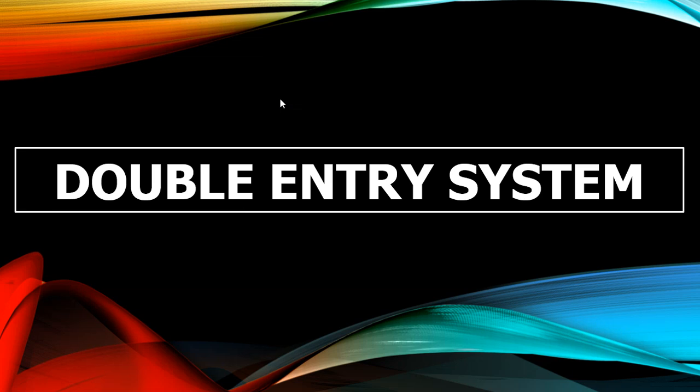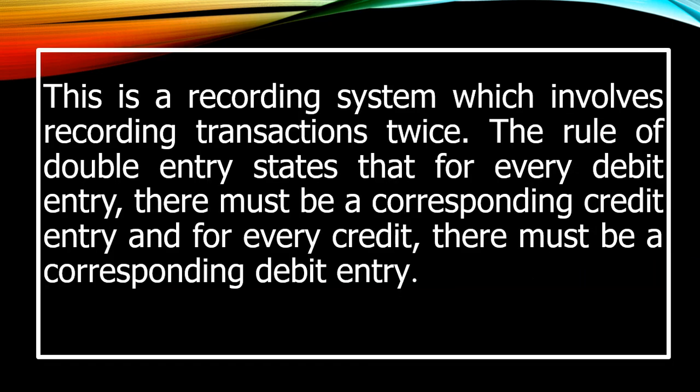So the rule is that for every entry that is debit, there must be a corresponding credit entry, and for every credit there must be a corresponding debit entry. Now, if for example a transaction happens, there must be a losing side, and of course there must be a gaining side.